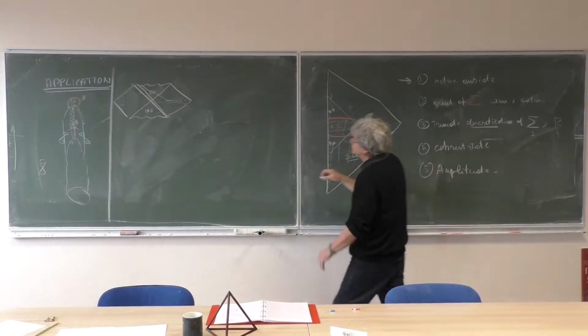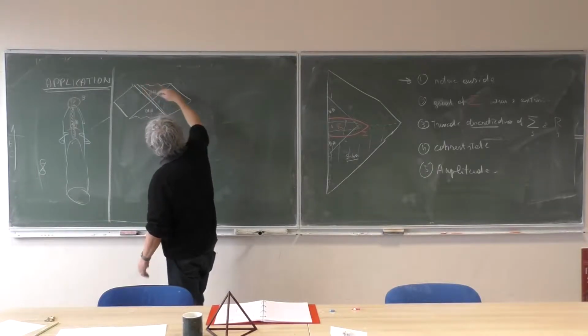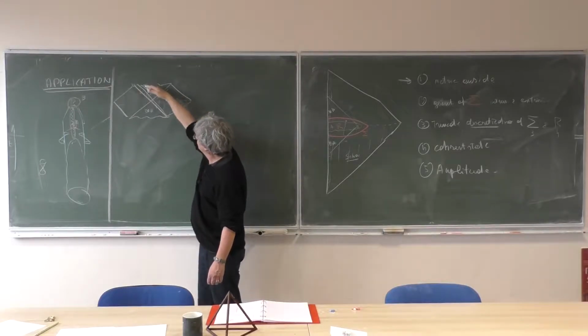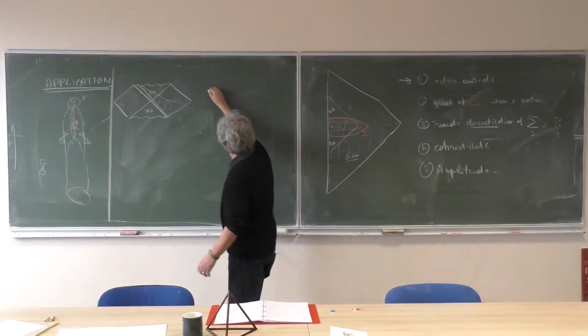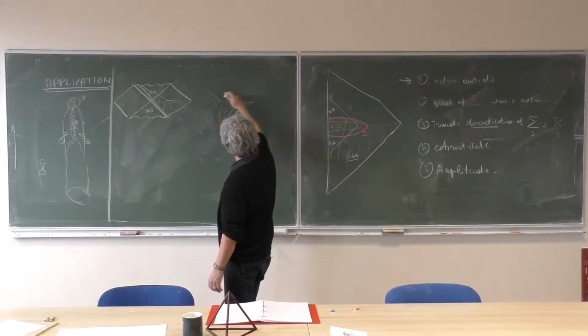So the geometry of this, you can take it to be the geometry of this part here. So this is a star. This is the boundary. So take this piece. Okay, so this is a star.